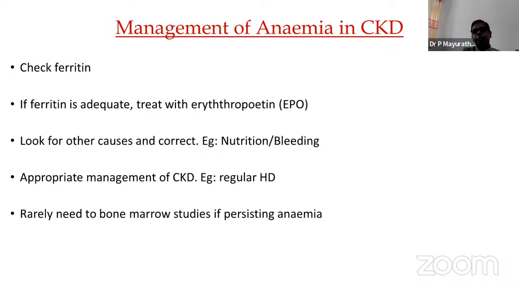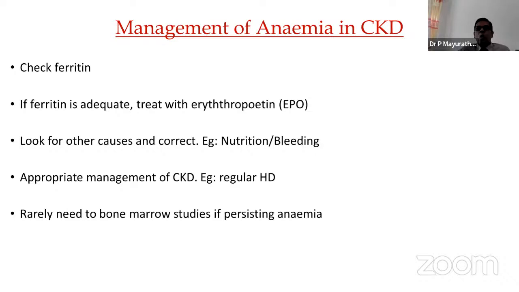Also, these patients may have anemia of chronic disease, so their underlying comorbidities should be managed very well. That may also contribute to the anemia. Patients should be on regular dialysis. If they are diabetic or hypertensive, that should be very well controlled. All the comorbidities should be very well controlled. Then only we can get adequate hemoglobin.